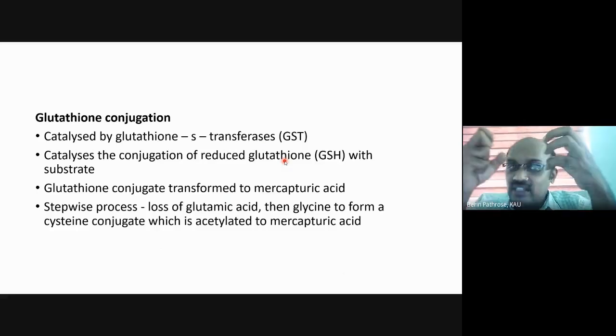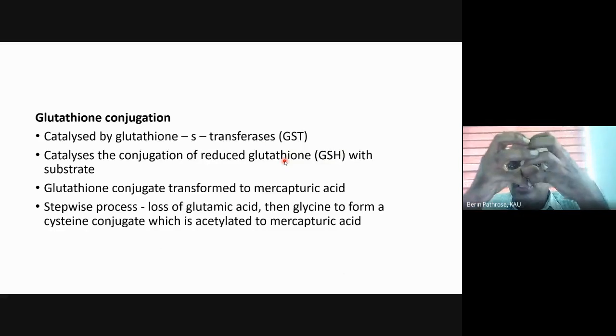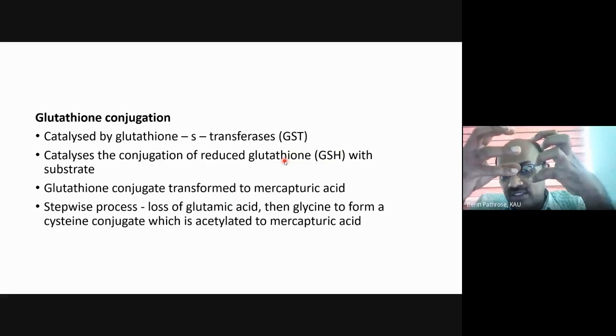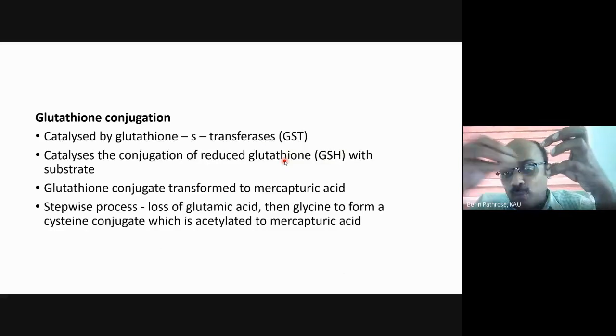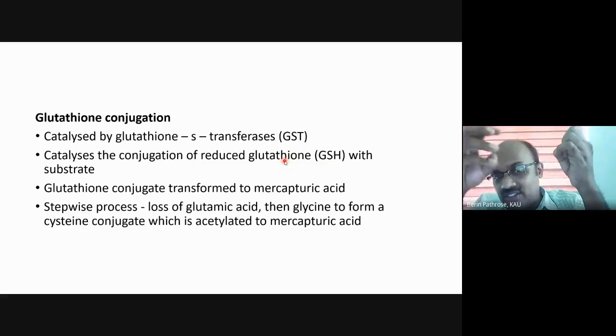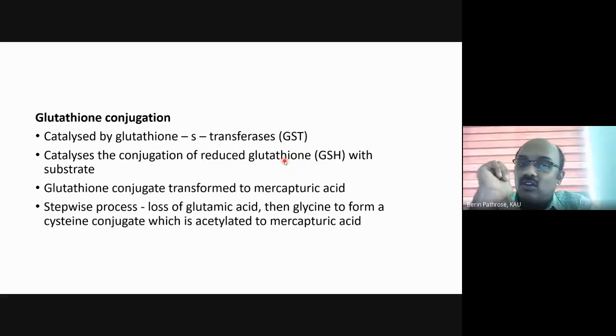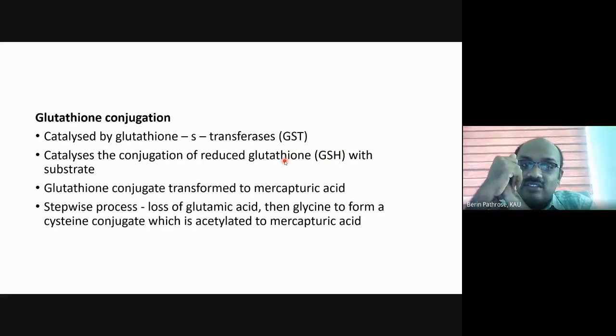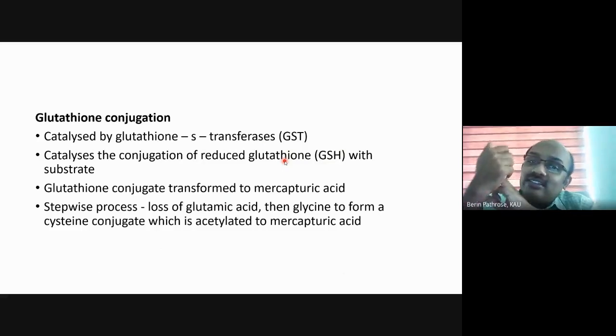During the transformation of this glutathione conjugate of the pesticide into mercapturic acid, there are several steps. The first step will have the loss of glutamic acid. In the second step, we will have the loss of glycine to form a cysteine conjugate, and the cysteine conjugate will get acetylated to mercapturic acid.